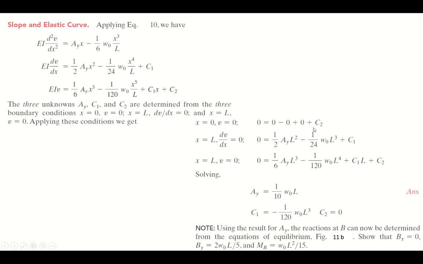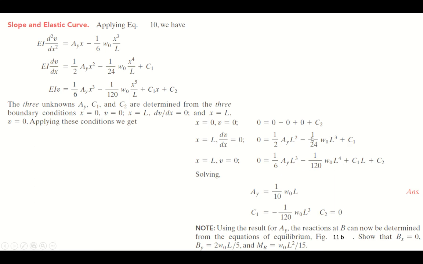So now you know the value of C2, right? From here you can get the value of C1 in terms of Ay. Also if you put C2 here, you can get the value of C1 in terms of Ay, or vice versa, you can get the value of Ay in terms of C1. So you have two unknowns Ay and C1, and you have two equations.